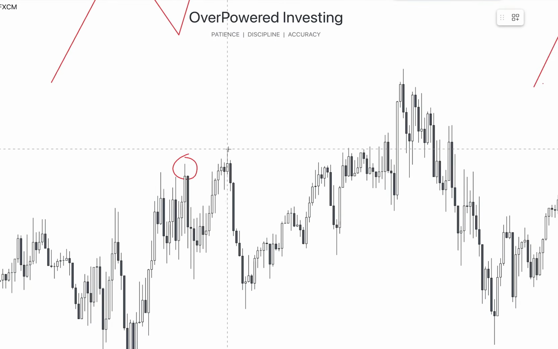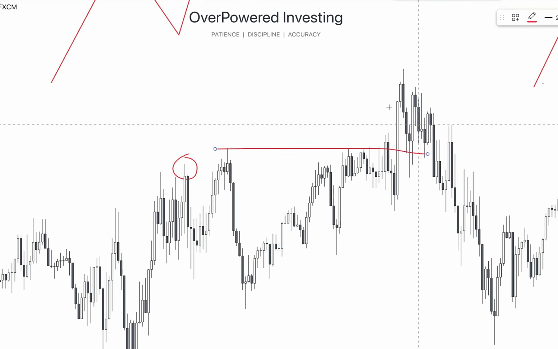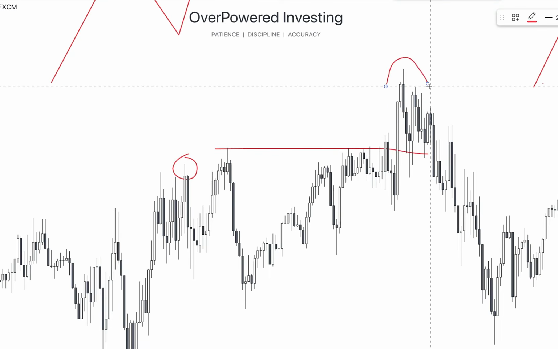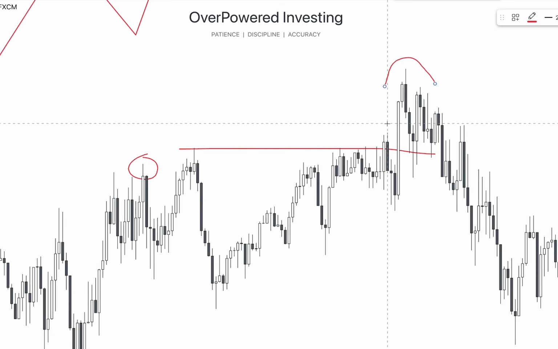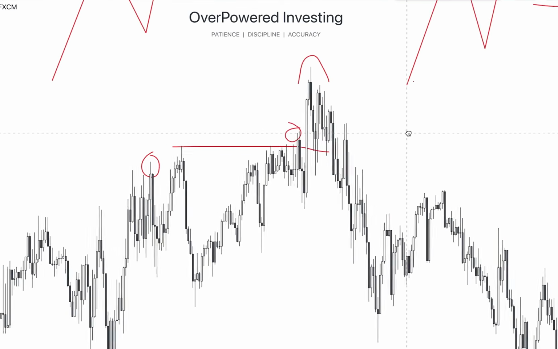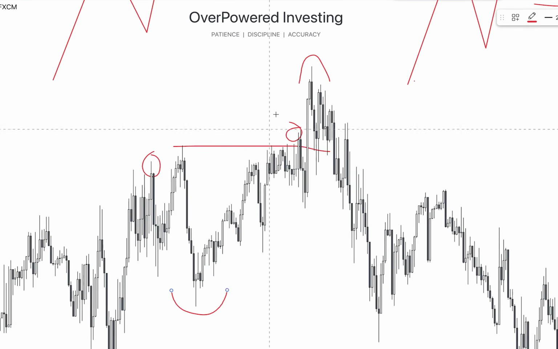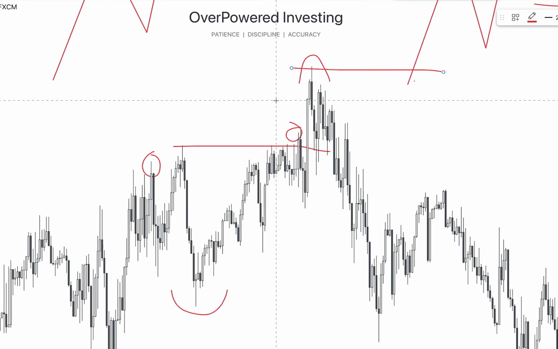And over here, guys, you can see that the price is finally breaking to the upside. This is going to be considered the new high. Over here we just have the sweep. So if we look here, this is going to be the new major low, and this is going to be our new major high.